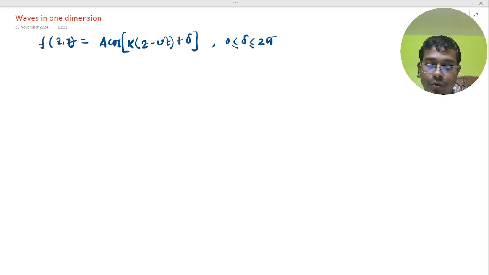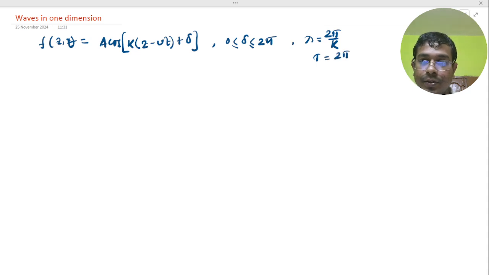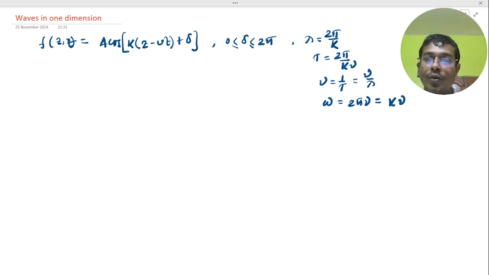And we know the formulas: lambda is 2 pi by k, the wave number; T is 2 pi by omega; nu is 1 by T, nu is v by lambda; and omega is 2 pi nu, k v. This is wave number, time period, frequency and angular frequency.